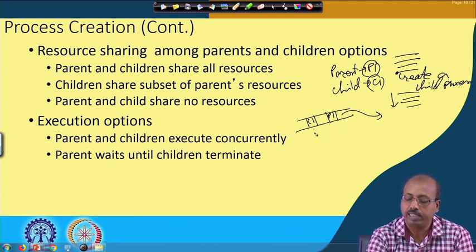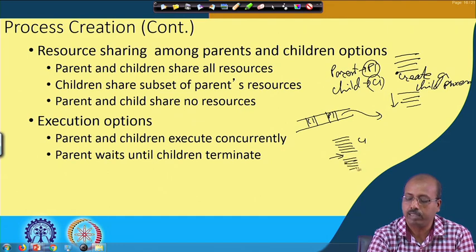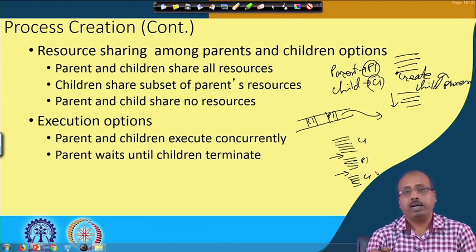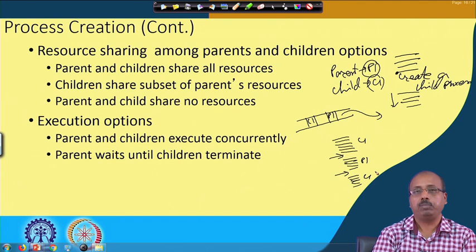Maybe C1 gets the chance for execution, executes for some time and then gets descheduled, and then P1 gets a chance for execution. Then P1 gets descheduled, and again C1 executes for some time. So, it can happen like this. P1 and C1 are two parallel processes now, so there is no dependency between them.